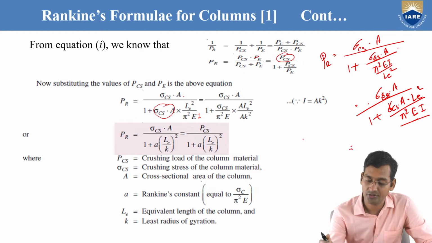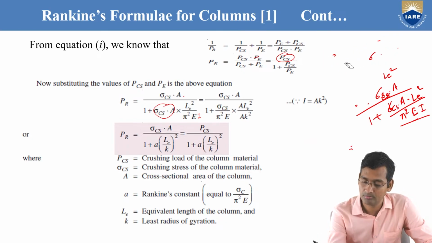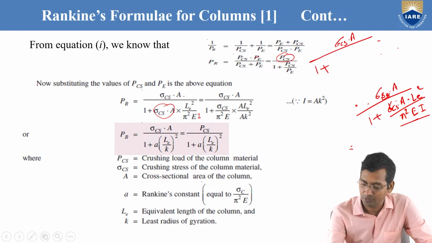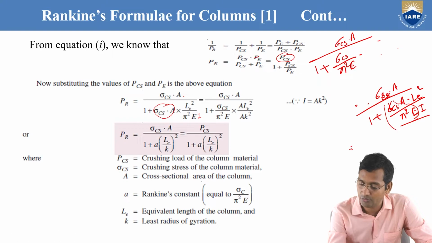So after substituting, sigma CS into A divided by 1 plus, let's see here, sigma CS by pi square E into A LE square by, now I is AK square.